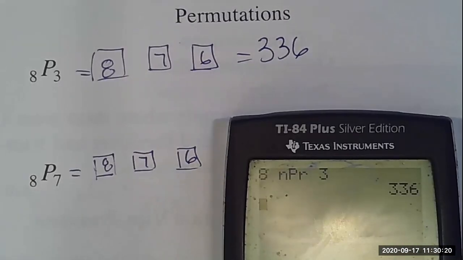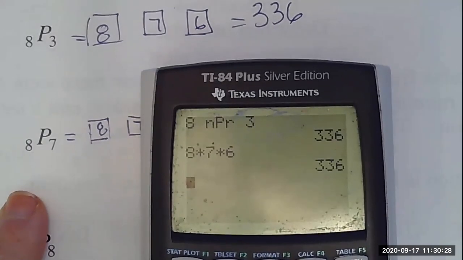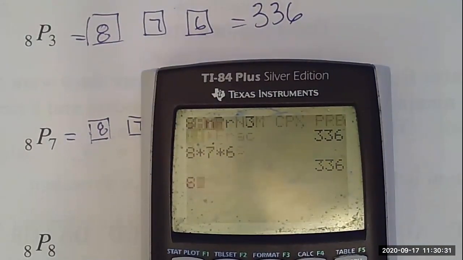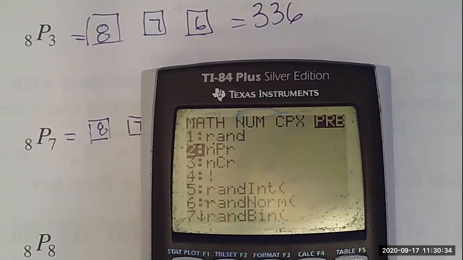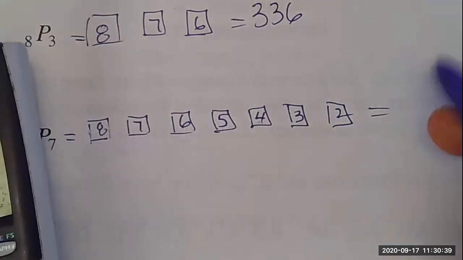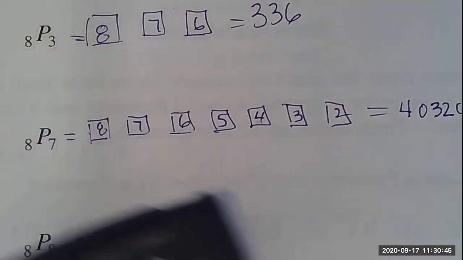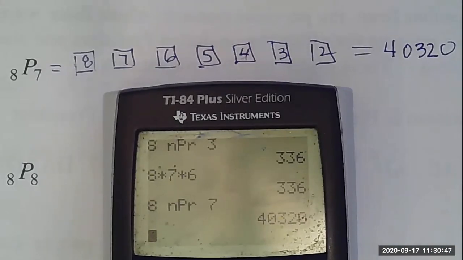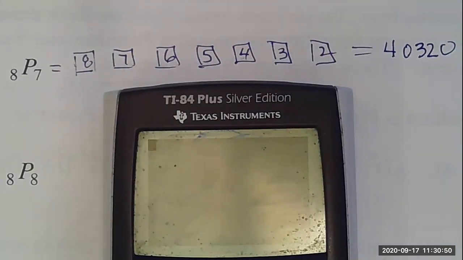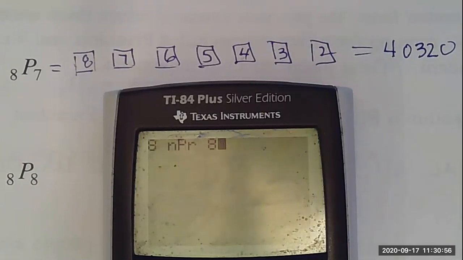And in like manner, the rest of them just go easily. 8 permute 7, 40,320. 8 permute 8, 40,320. Hey, look, it's the same number.